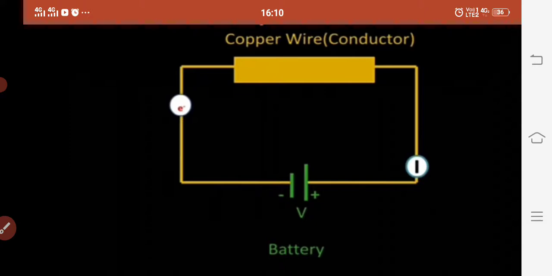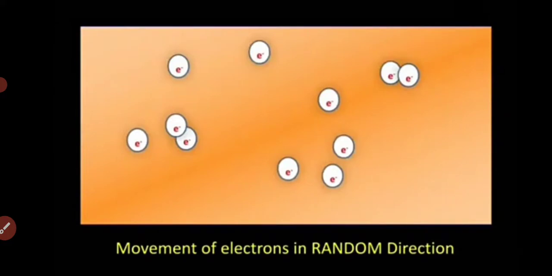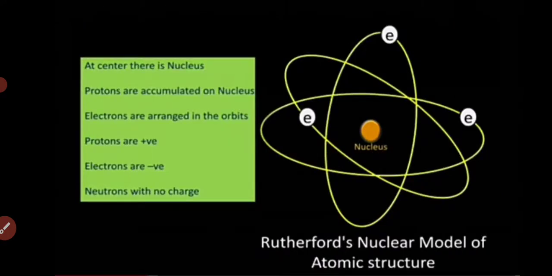Now we have learned that in the nucleus there are only protons and neutrons, and the nucleus is overall positive, whereas on the outer shells we have the electrons. We know that the electron number always equals the proton number.